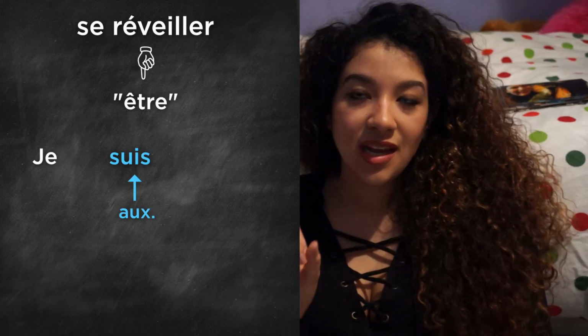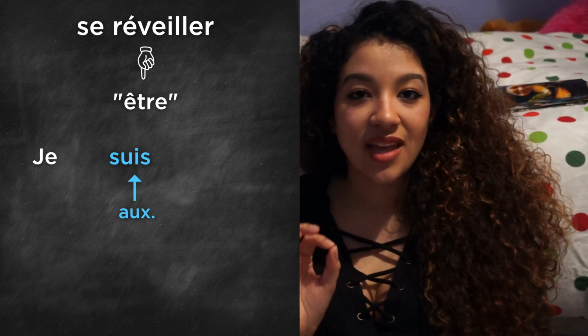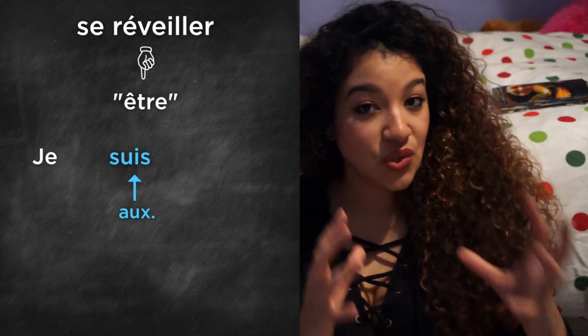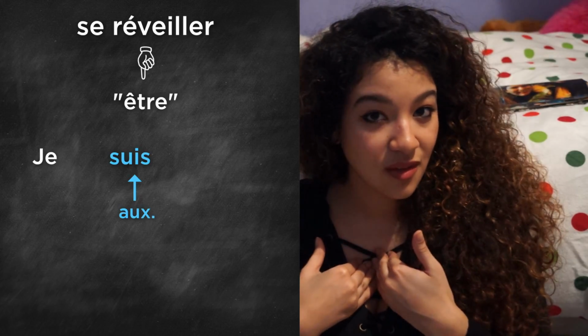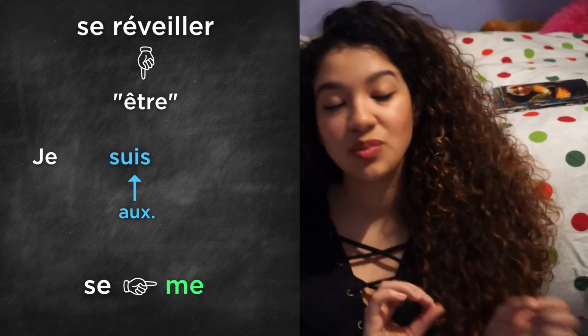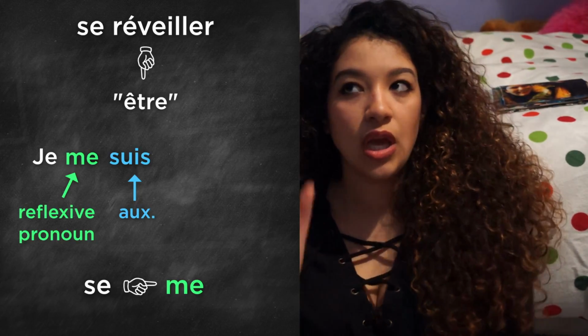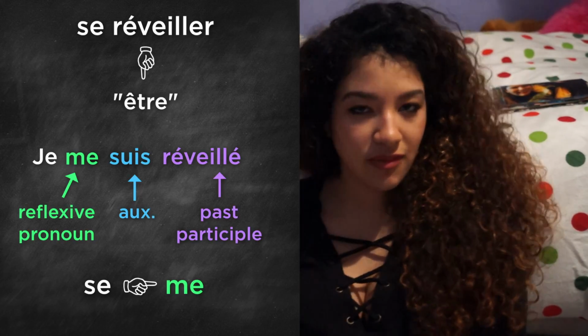When you're putting reflexive verbs in the passé composé, do not forget the se. So the infinitive is se réveiller. So if we're talking about ourselves, the se would become me. So we place that just before our verb. So instead of je suis réveillé, it would be je me suis réveillé.